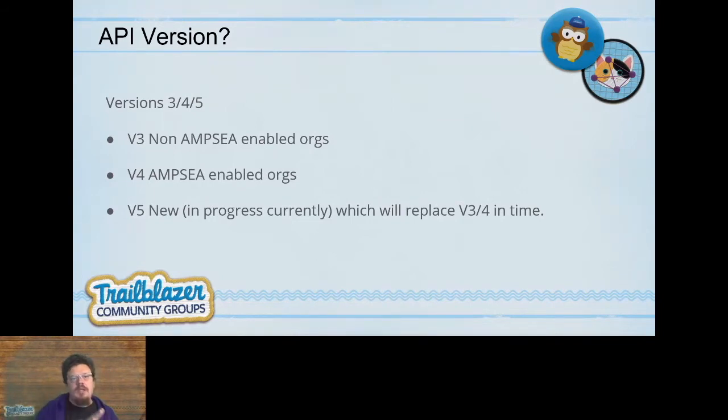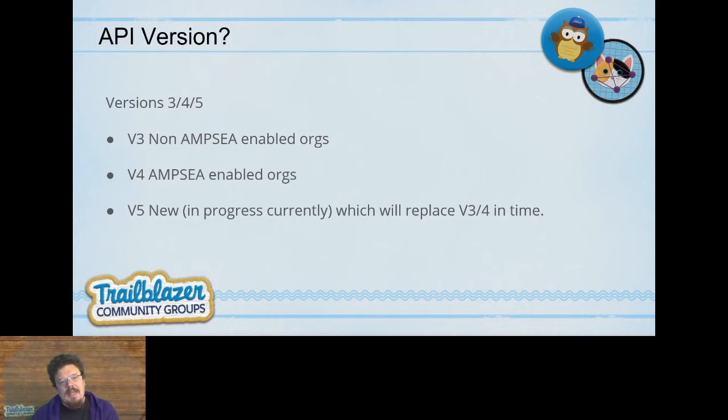Before AMSIA, which allows multiple prospects with the same email address, an email address was unique. So the version 3 Pardot API uses the email address as the unique identifier, which is kind of reasonable because Pardot's an email tool, and that's what we think of as a unique identifier in email tools.